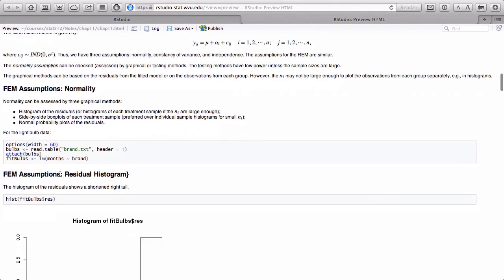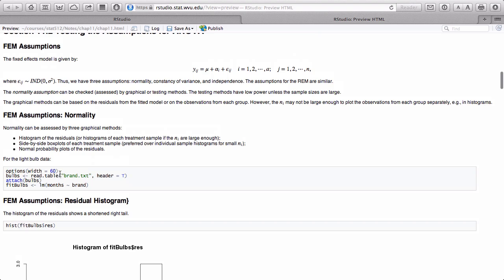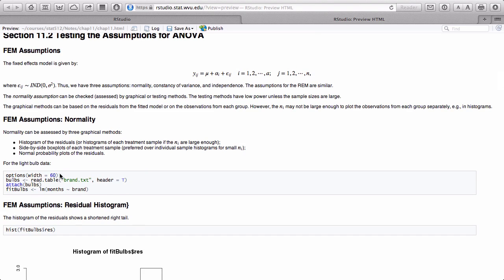So let's go back, and I'm going to focus a little bit more on the FIM model, but in fact, a lot of what I'm going to do applies to both the FIM model and the RIM model. So here we have the model, and we're interested in, say, the error assumptions.